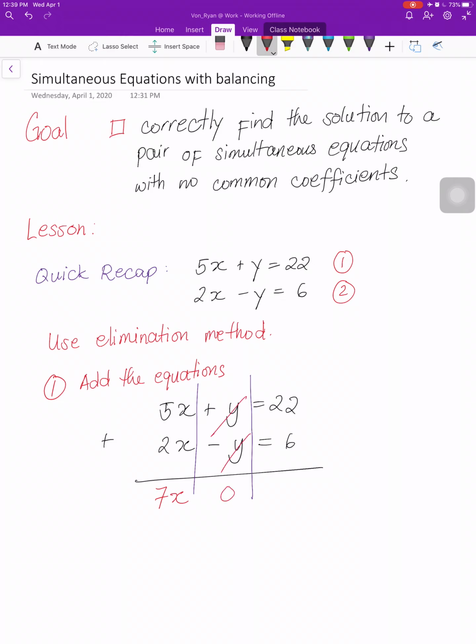Then 22 plus 6 is 28. Don't forget the equal sign. And so your resulting linear equation is 7x equals 28.